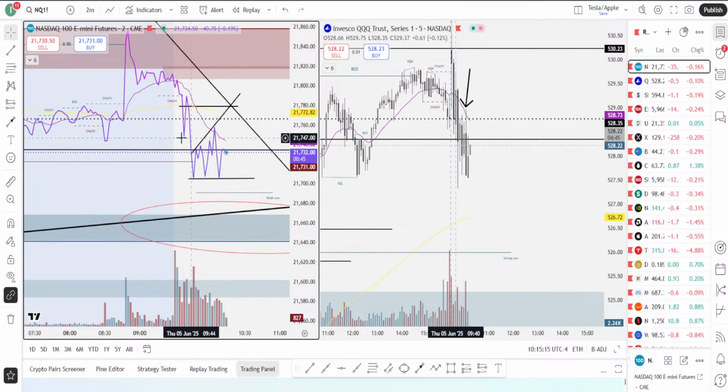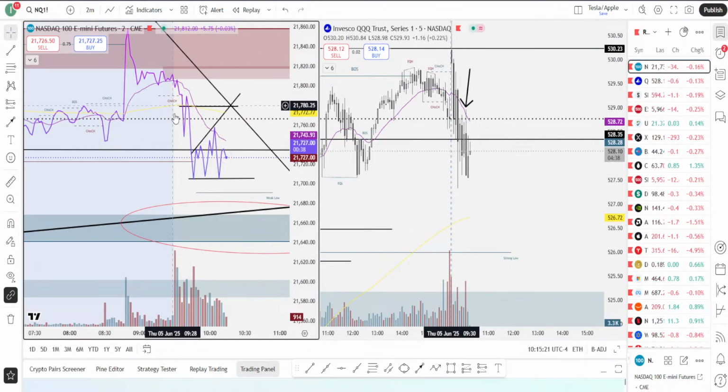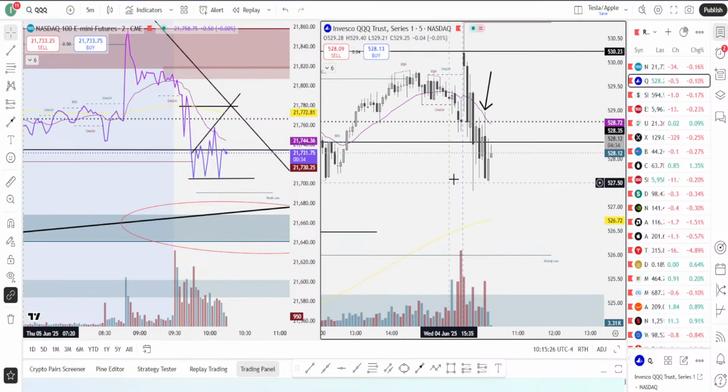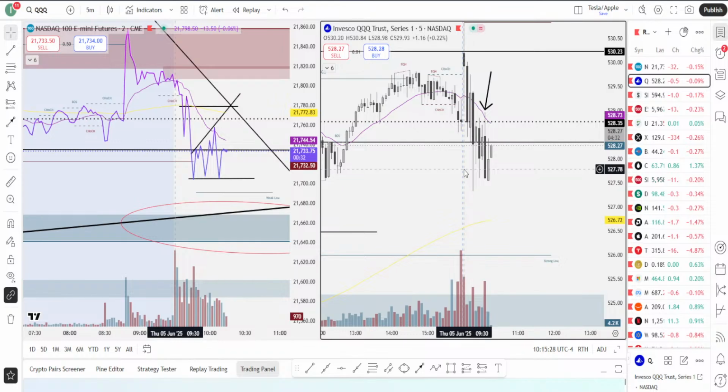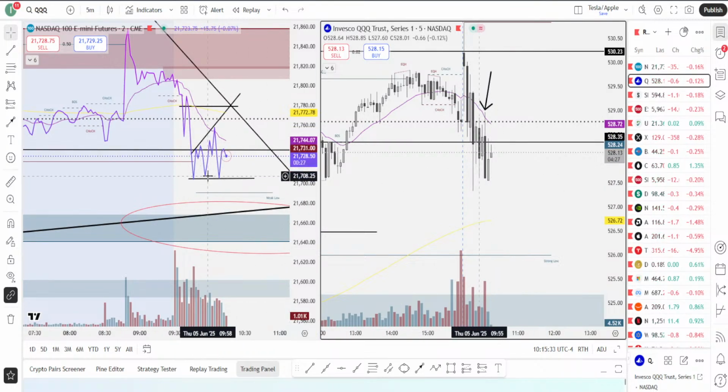Sometimes you take a trade and you want to continue to see signs that are in your favor. Being able to see lower lows and lower highs is one of those signs. If you are in a selling position, you want to continue to see lower lows, lower highs.